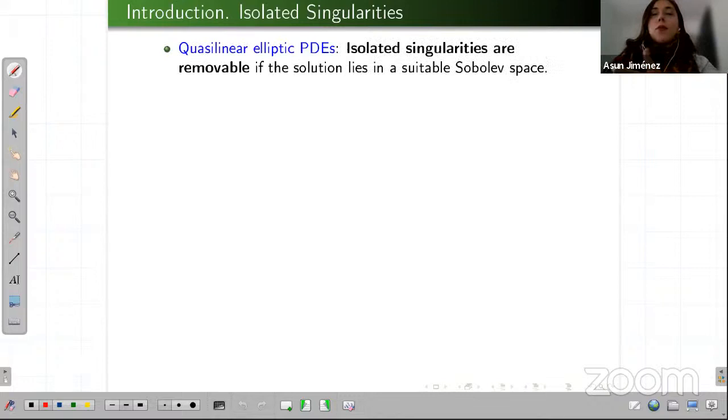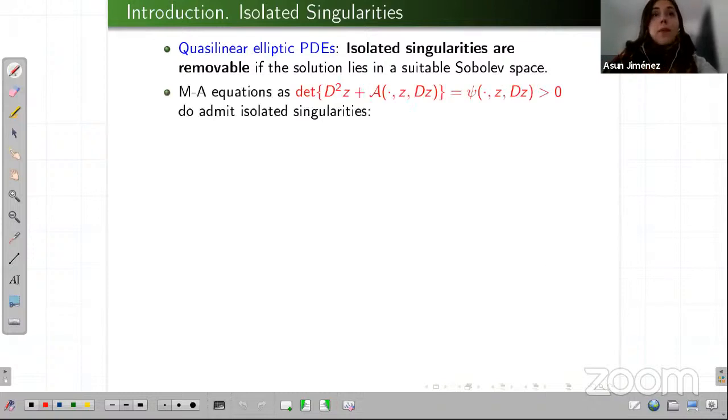In some sense, quasi-linear elliptic PDEs are the trivial case for isolated singularities, because whenever the solution is more or less smooth around a singular point, in the end you can deduce that such a singular point does not exist, that the singularity is removable. That is the case, for instance, for minimal surfaces or constant mean curvature surfaces and more general divergence type equations. So this is in some sense the trivial case when we talk about isolated singularities.